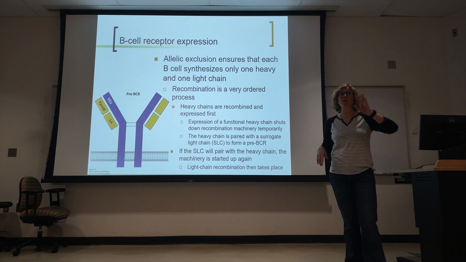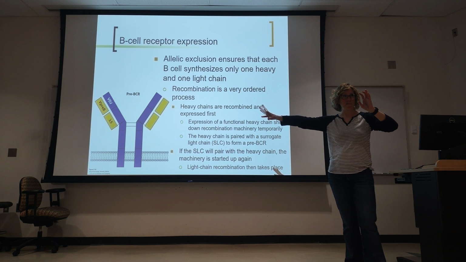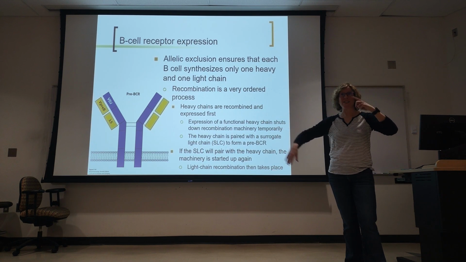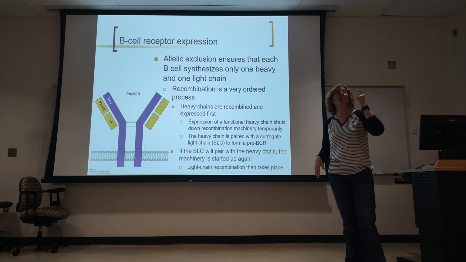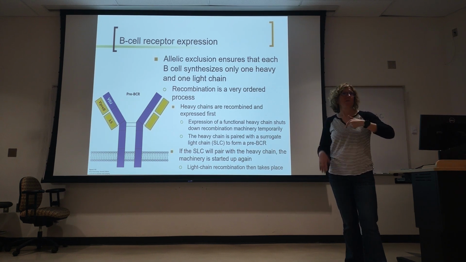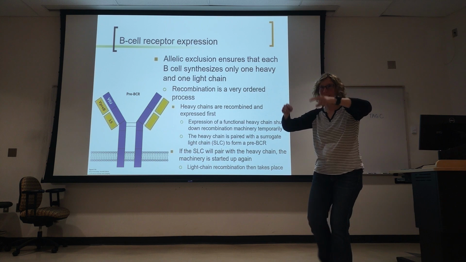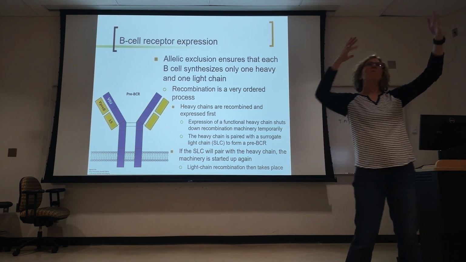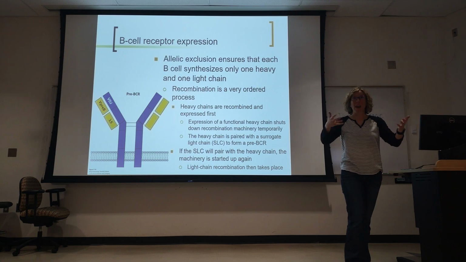Now, if we choose kappa to rearrange, lambda is silent. So we try to rearrange kappa on Dad's chromosome. Oh, that failed. Okay, we try to rearrange kappa on Mom's chromosome. Try to rearrange that. Oh, that failed. Now we can go to lambda. We can go to lambda and try to rearrange Mom's chromosomal information this time. Maybe that works.